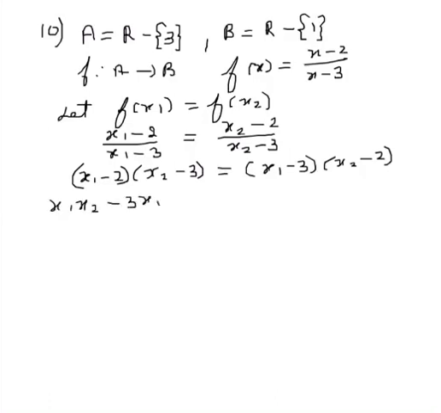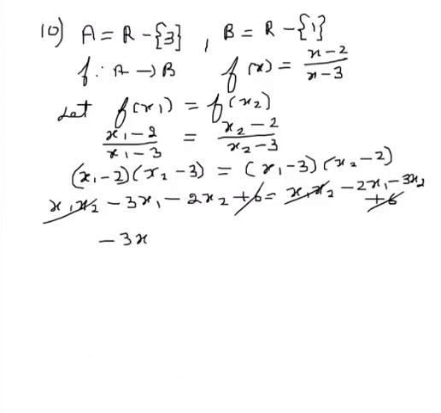Use distributive property. Cancel the terms and bring x1 terms on one side and x2 terms on the other side. We get minus x1 is equal to minus x2, x1 is equal to x2.